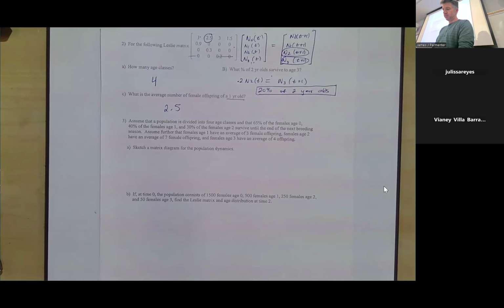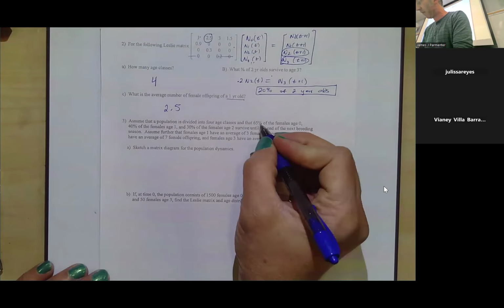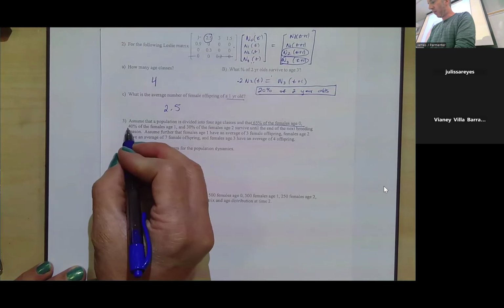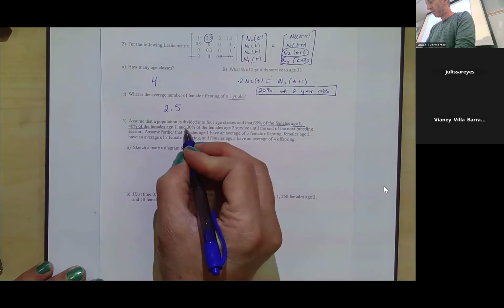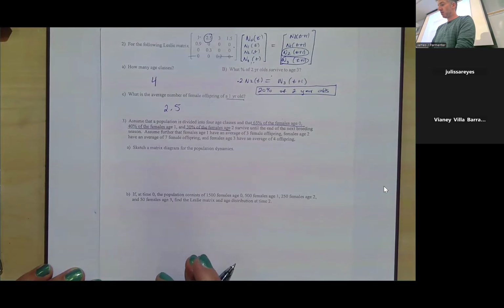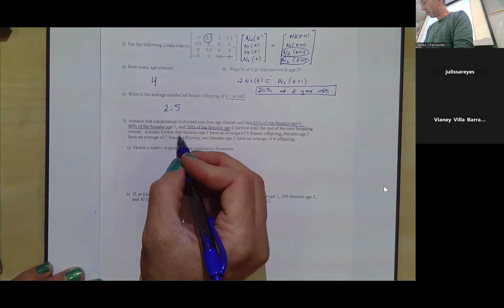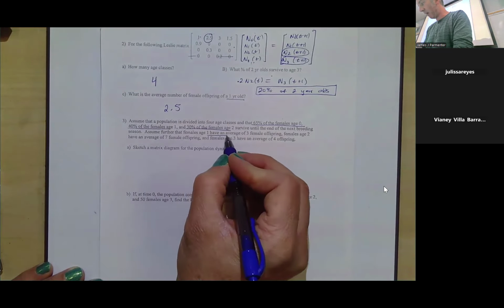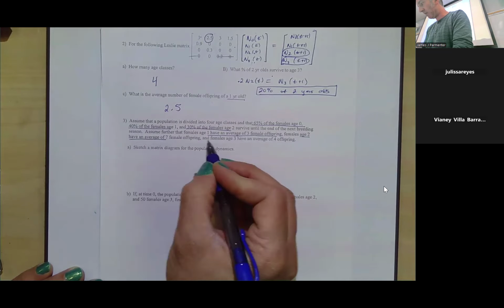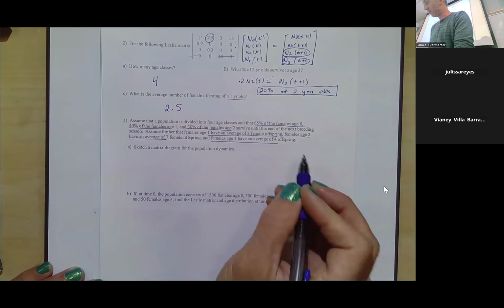Continuing on. Now this one, I think you also do this one. Assume that a population is divided into 4 age classes and that 65% of the females of age 0, 40% of the females age 1, and 30% of the females age 2 survive until the end of the next breeding season. Additionally, assume that females age 1 have an average of 3 female offspring, females age 2 have an average of 7, females age 3 have an average of 4.